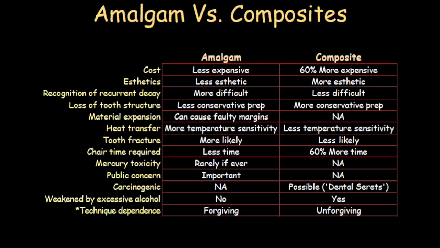Composite, there's so many other things to manage and deal with. Next thing is composite is more expensive, and of course, I don't need to tell you, much more aesthetic. The next important thing is that you can produce a more conservative prep with composite, because we're not led by creation of retention. We're really led by caries when we're preparing the tooth.